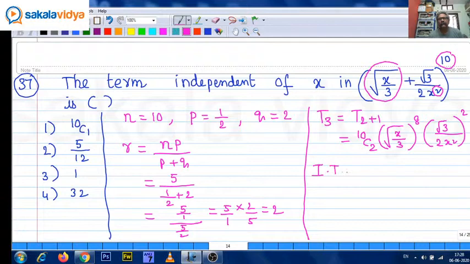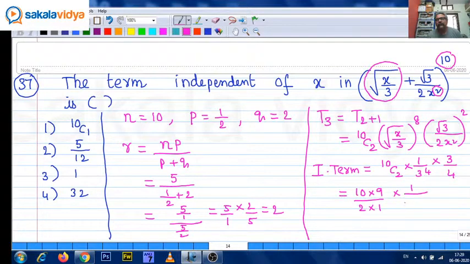So independent term equals 10c2 into 1 by root 3 whole to the power of 8, 1 by 3 power 4, into root 3 square is 3 by 4. 10c2 is 10 into 9 upon 2 into 1, into 1 by 3 to the power 4 is 81, into 3 upon 4. 9 gets cancelled, and so on, this will be 5 upon 12. 5 by 12 is the right answer.